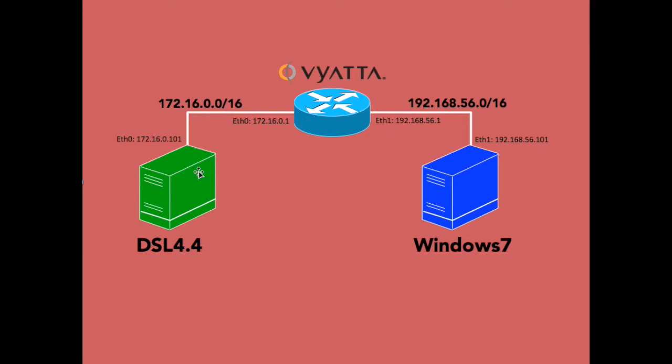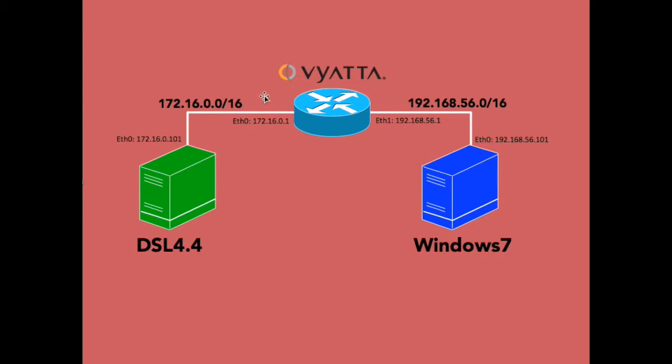We're then going to configure a Windows 7 machine and give it an ETH0, not an ETH1, which will be on the 192.168 network, and that will be pinging its 192 partner on the 192 network on the Vyatta.